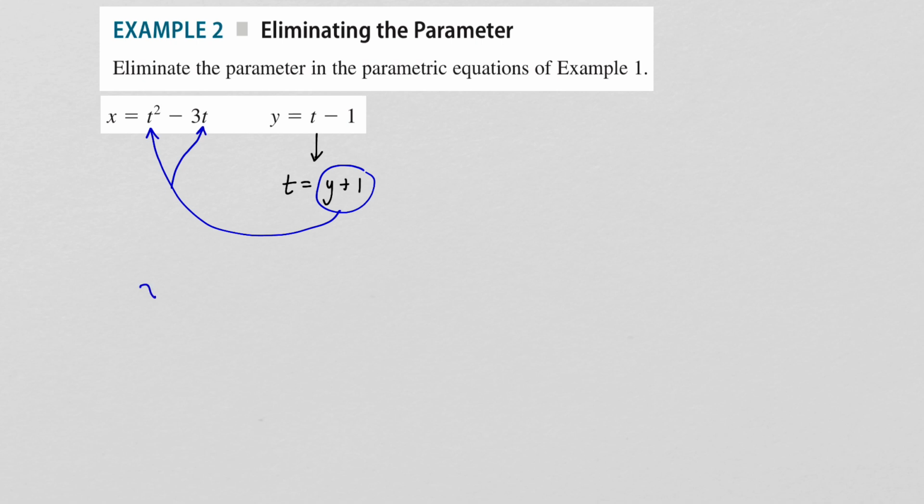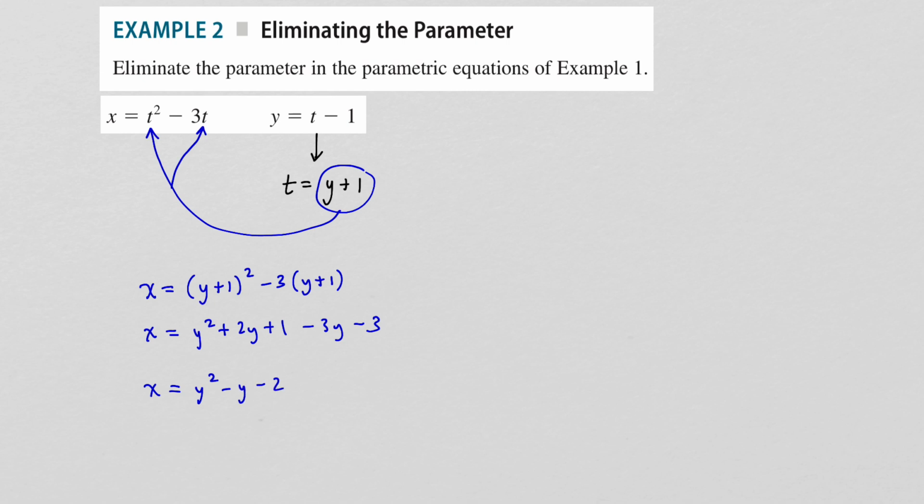If we do that, x is going to become y plus 1 squared minus 3 times y plus 1. And then if we multiply things out, we get y squared plus 2y plus 1 minus 3y minus 3. And finally, x is going to be y squared minus y minus 2.